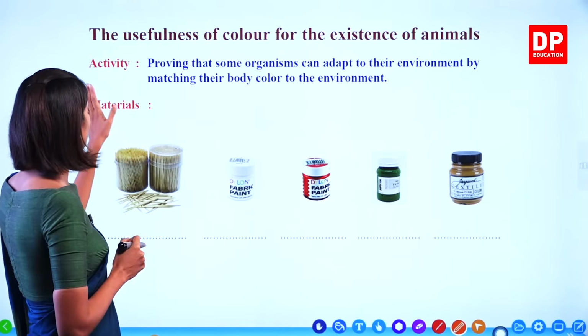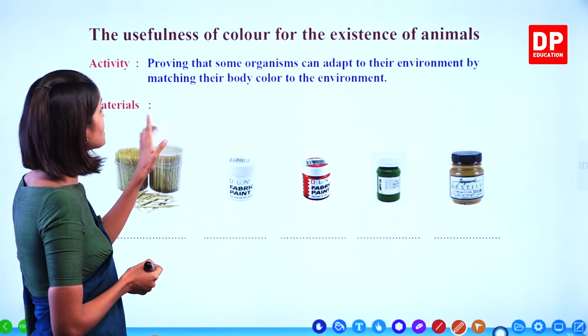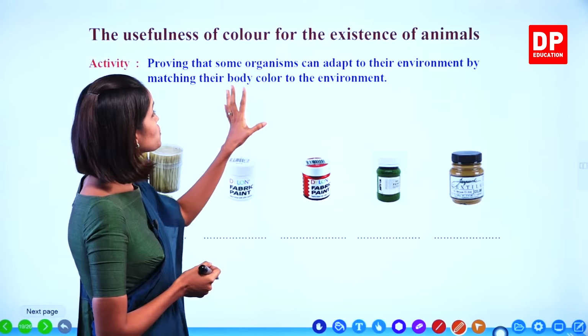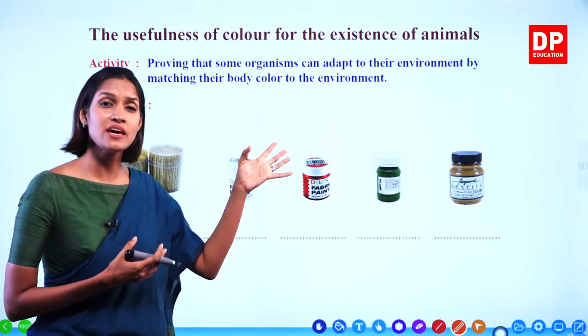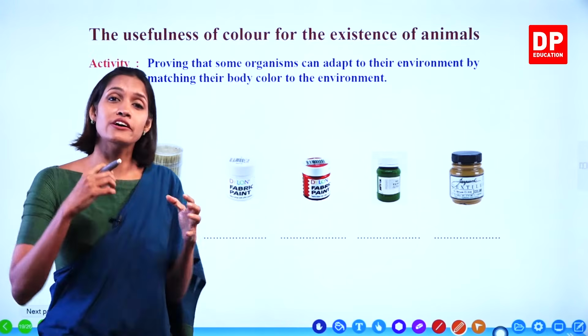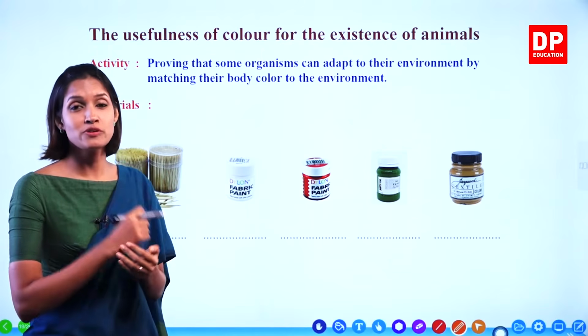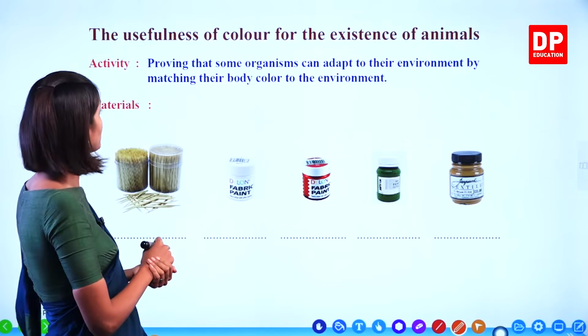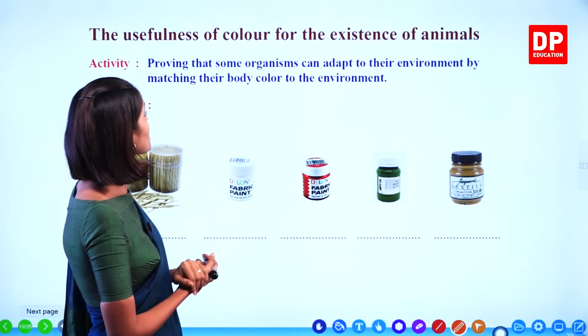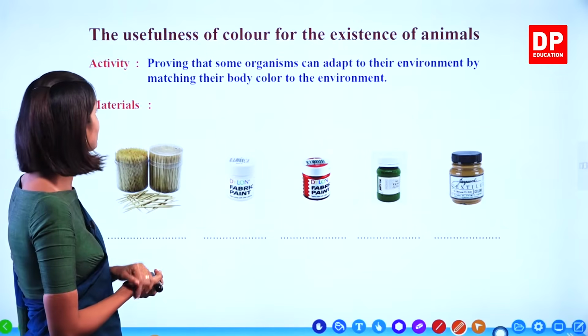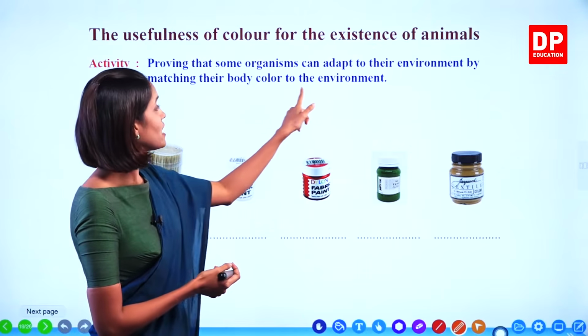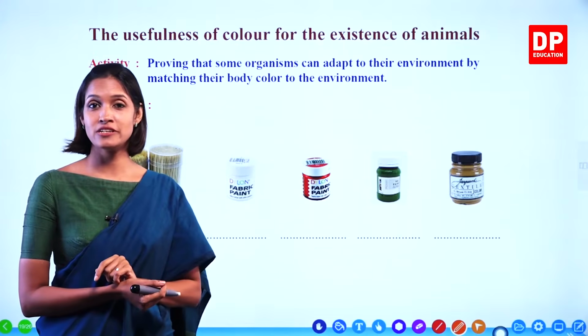Okay, so what is our activity? Proving that some organisms can adapt to their environment. Now what is adapt? Adapting means adjust into the environment or fit into the environment. Okay, proving that some organisms can adapt to their environment by matching their body color to the environment.